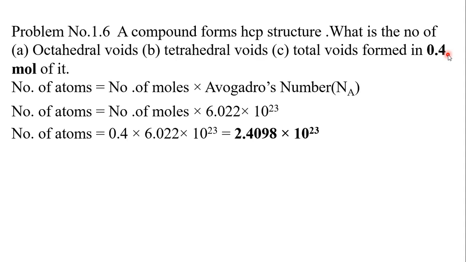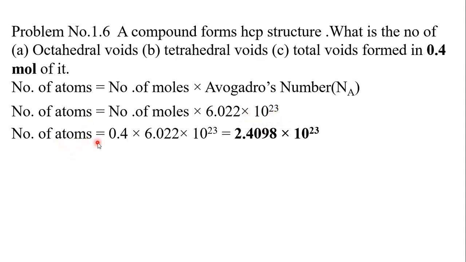So for that we first have to calculate what? Number of atoms from number of moles, and this relation we saw in 11th. So number of atoms is equal to number of moles into Avogadro's number. Number of moles is given as 0.4 and Avogadro's number is a constant, how much is it? 6.022 into 10^23.